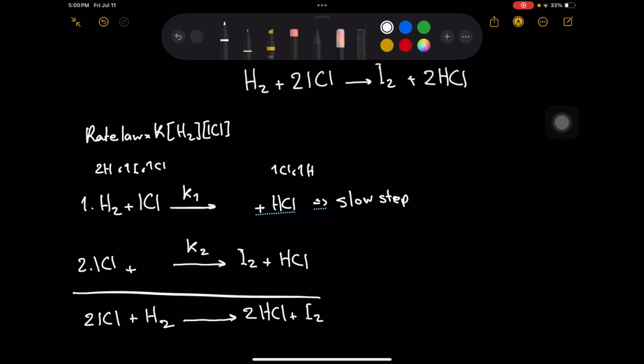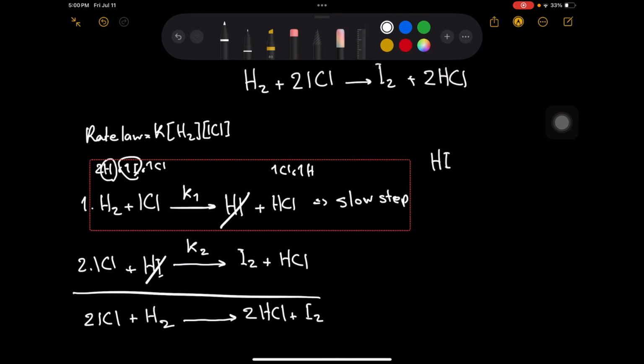So now, what are we missing? We are missing 1 hydrogen and 1 iodine. We say the intermediate would be HI. And again, here we have HI, so notice that these cancel each other out. So HI is our intermediate here.